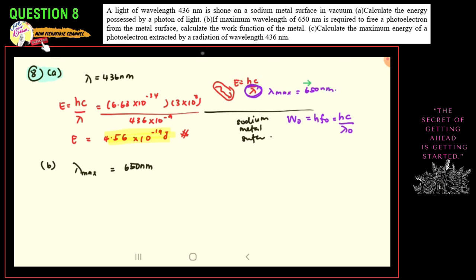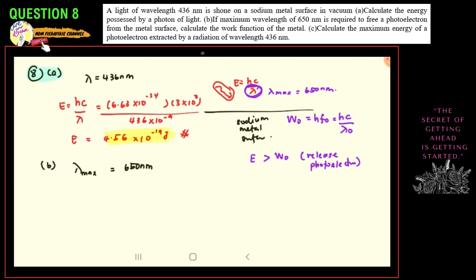Tapi soalan kata lambda ini paling maksimum adalah 650 nanometer, so that dia boleh release photoelectrons. Remember kita tahu E, the photon energy mesti lebih besar daripada work function energy in order to release photoelectrons.